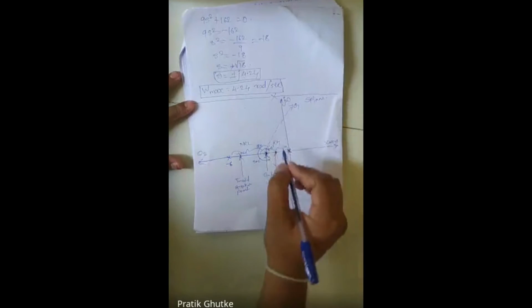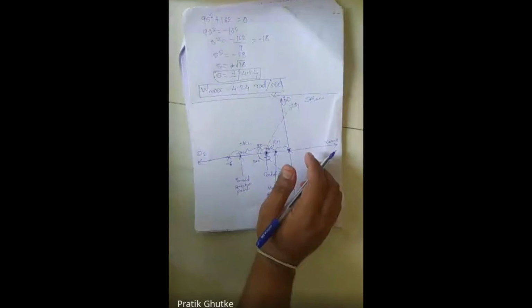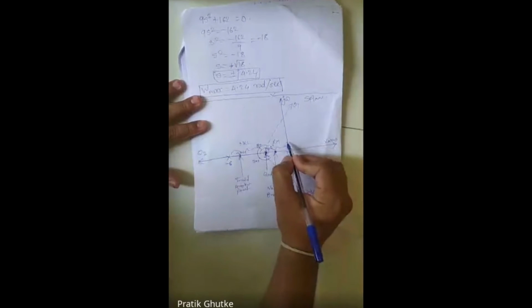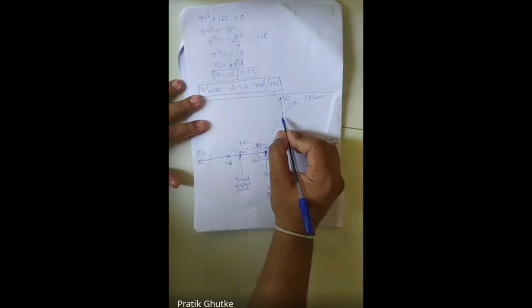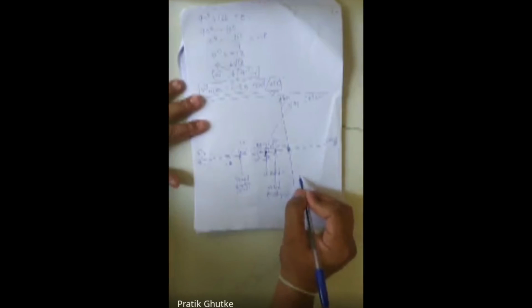So now come to the j omega axis. On the j omega axis, I have calculated the value of omega max, that is plus minus 4.24j. So here 1, 2, 3, something 4. Similarly 1, 2, these markings will already be there in your graph.